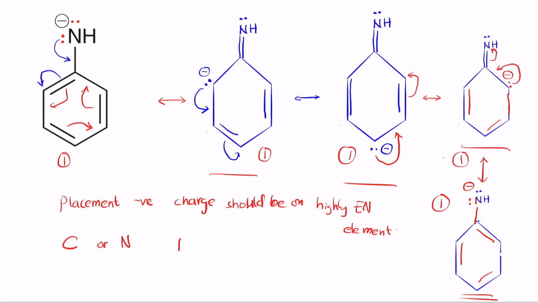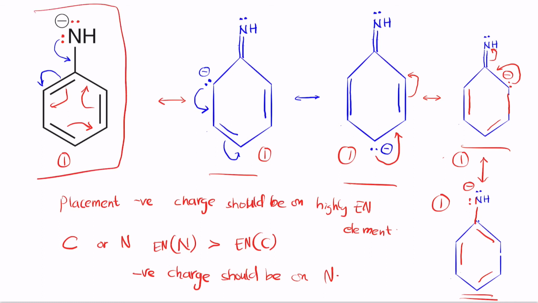But we know that the electronegativity of nitrogen is greater than that of carbon. So which means that the negative charge should be on nitrogen. So there are two structures where the negative charge is on nitrogen. So this is number one.